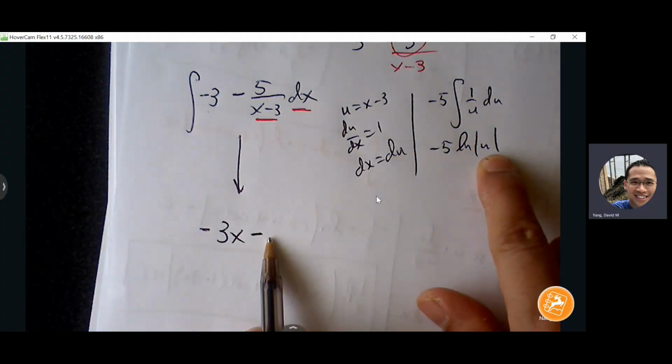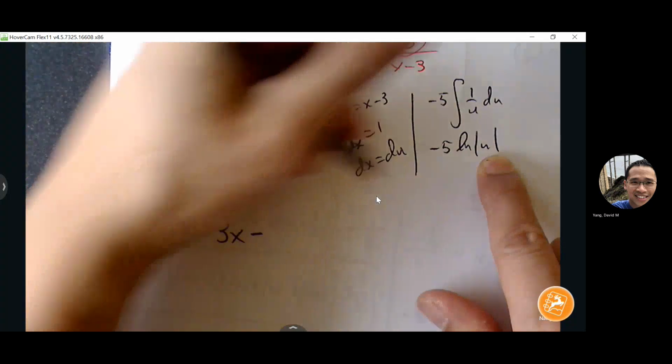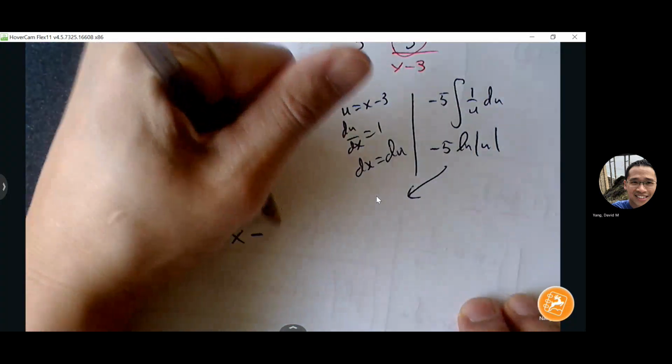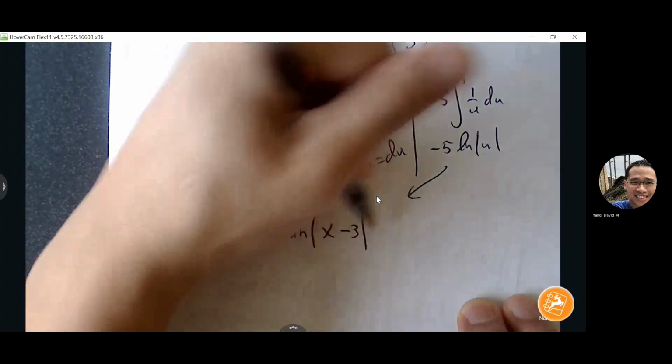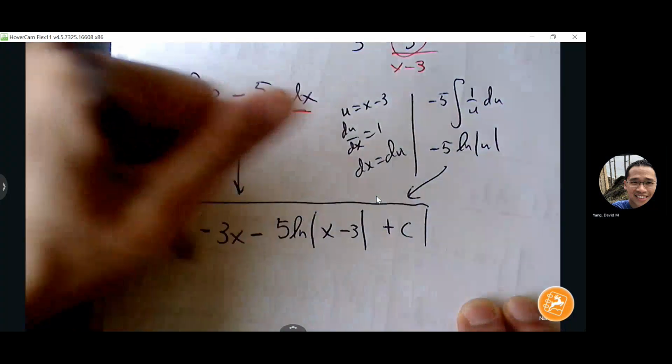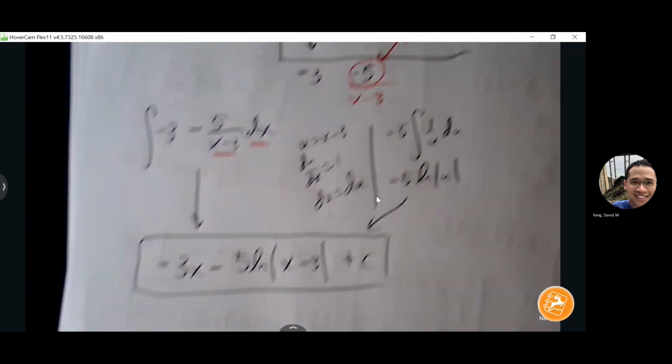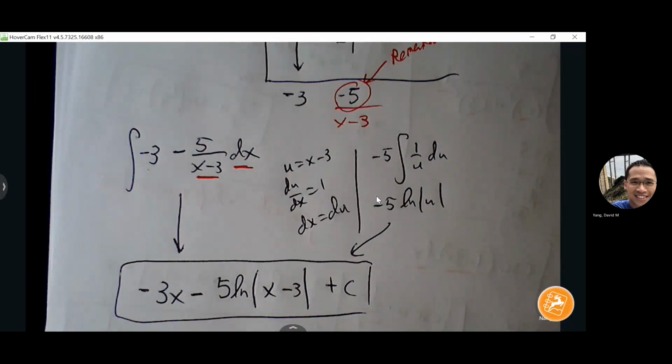Replace the u back in terms of x. All right, we'll continue reviewing in class. Let me know if you have any questions.